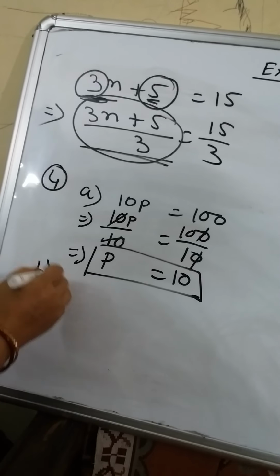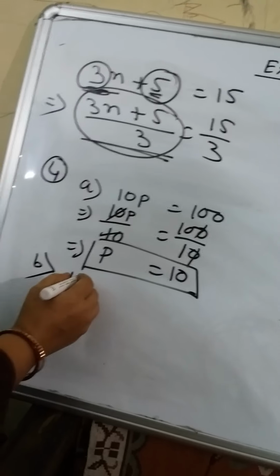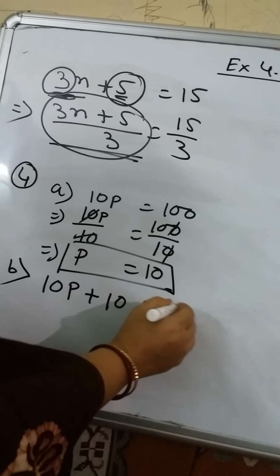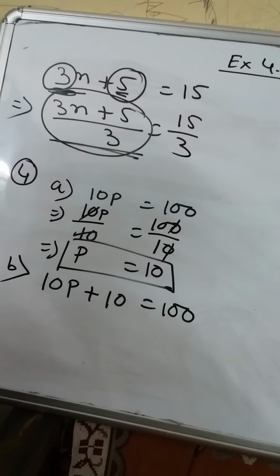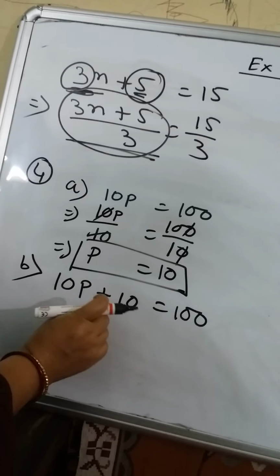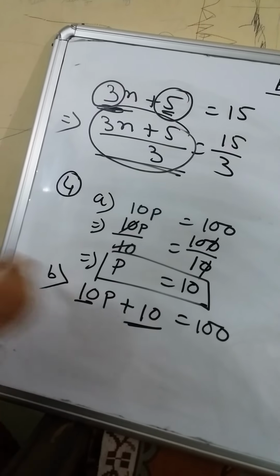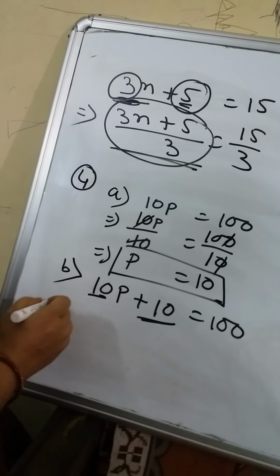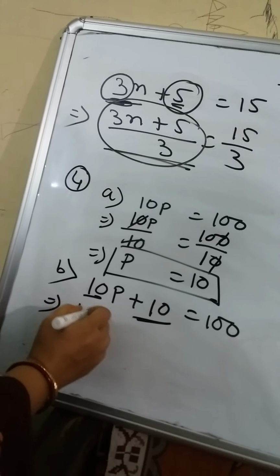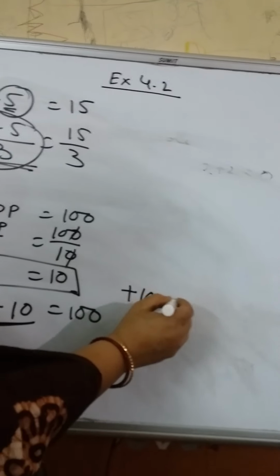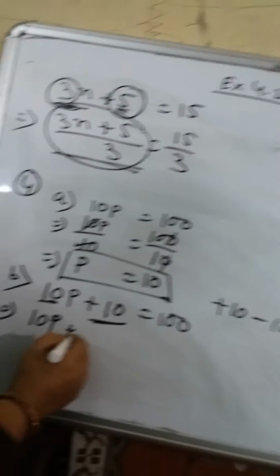We will do question number B. 10p plus 10 equals 100. I have told you here, what you have to do: you have to remove this 10 first, then this 10. So 10p, how can it be removed? Plus 10 minus 10.